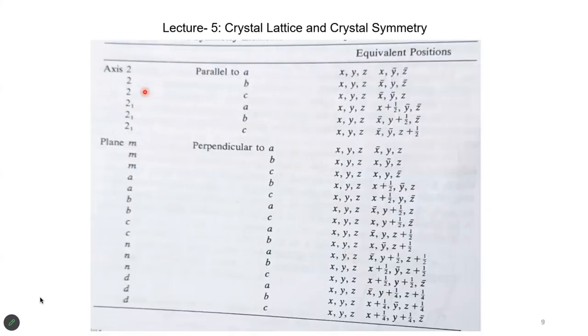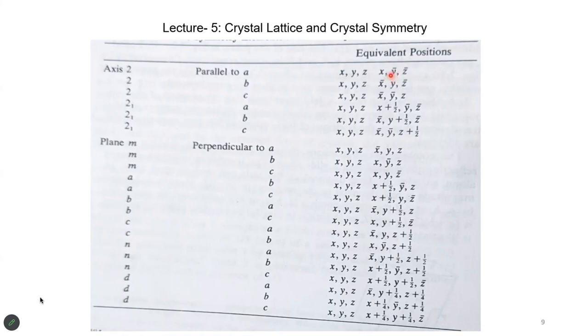Okay, here I show the equivalent positions. If we have a two-fold rotation axis and it is parallel to the a axis of the unit cell, then the equivalent positions become x, y, z, and then x, bar y, bar z.